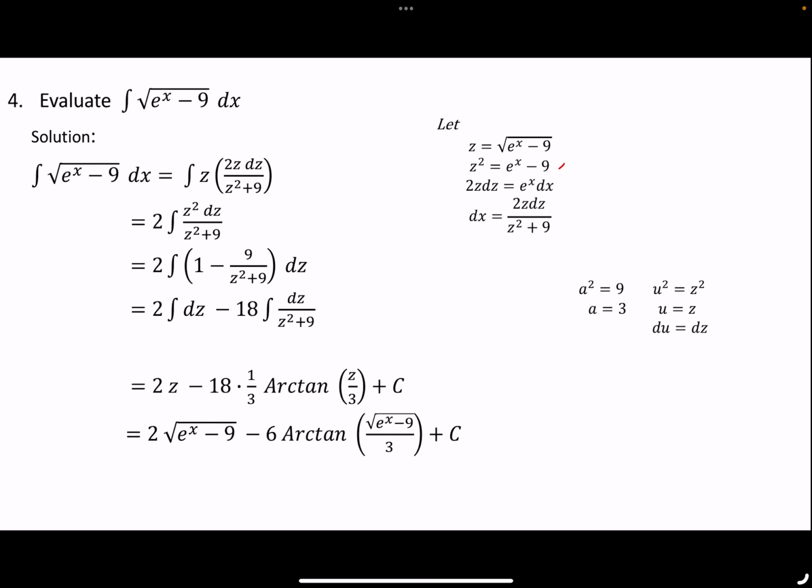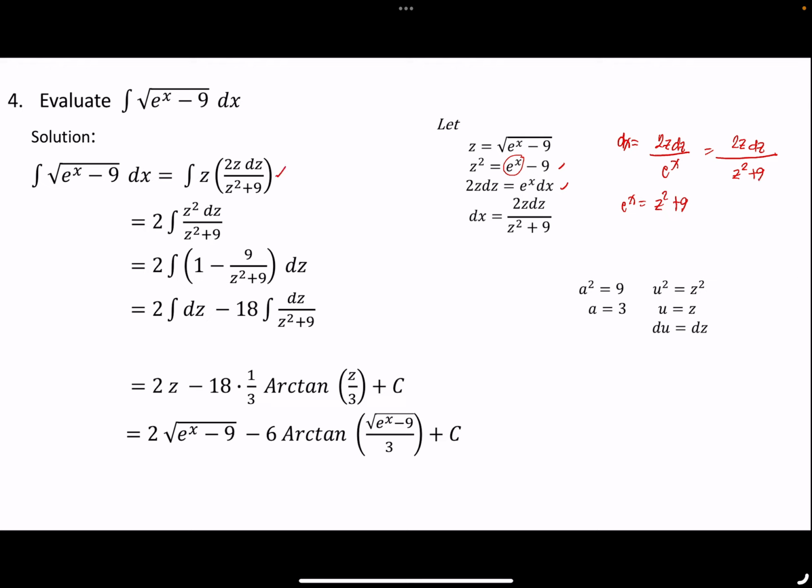And we differentiate this, so we have e to the x dx is equal to 2z dz. With that, we have dx is equal to 2z dz over e raised to x. But e raised to x is equal to z squared plus 9. So we have 2z dz over z squared plus 9.